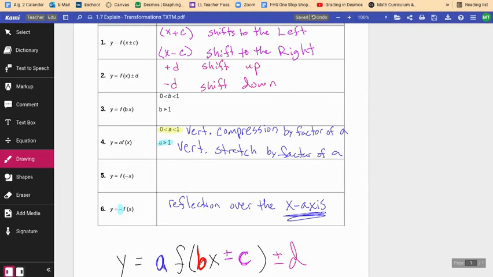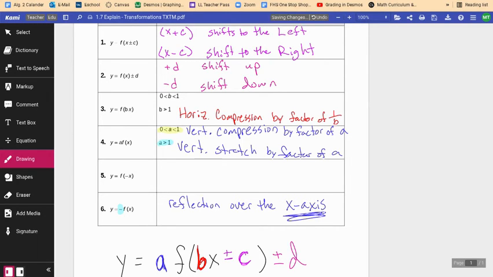So again, same concept. We can have B greater than 1, well, this is going to be a horizontal compression by a factor of 1 divided by B.